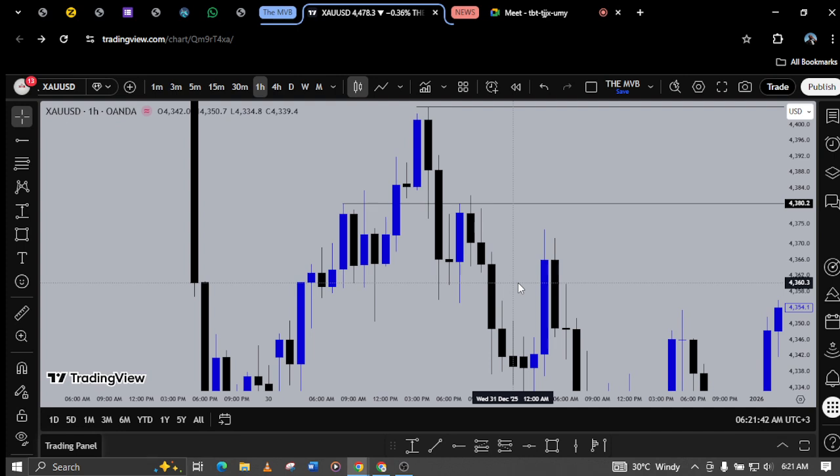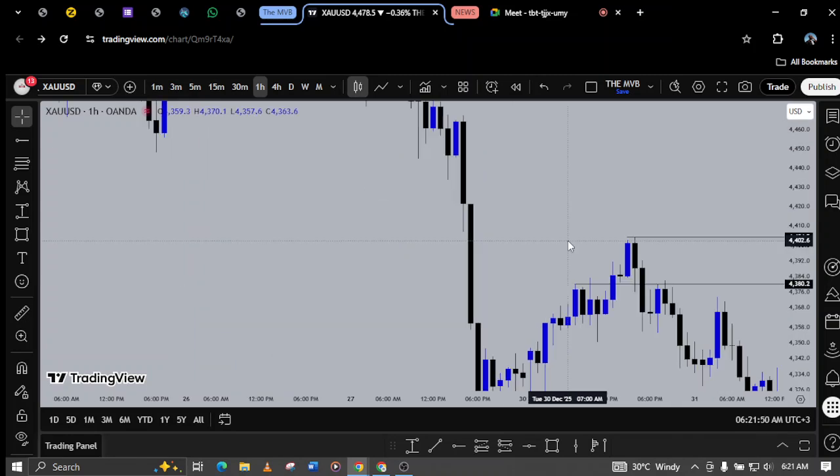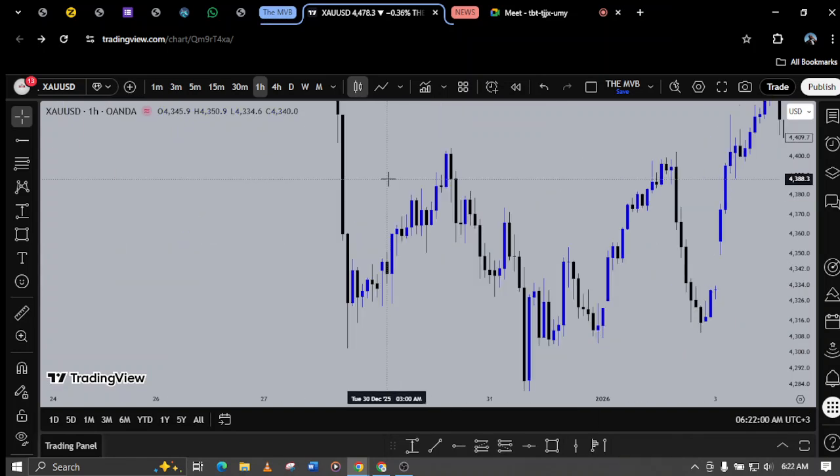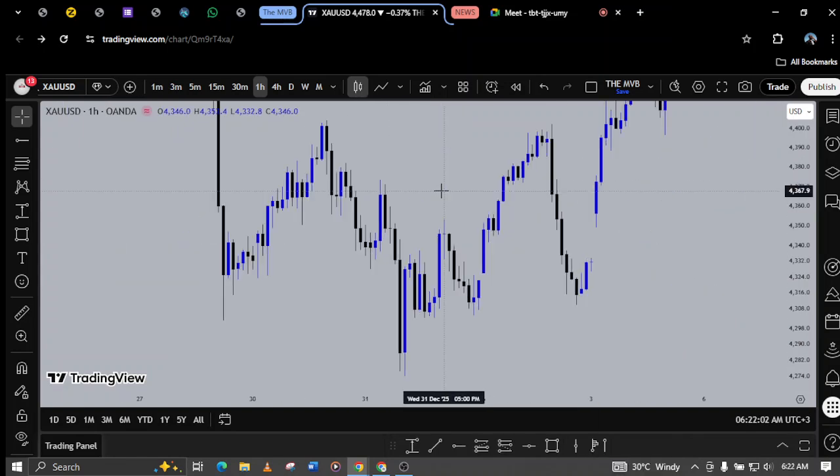Understand. So, in marking off these structures, the major structure, is there a specific time frame you have to mark it on? No, no. Right now, don't consider the time frame. You use the same time frame you are in. That's the same time frame you are going to use to define the major and minor structure.